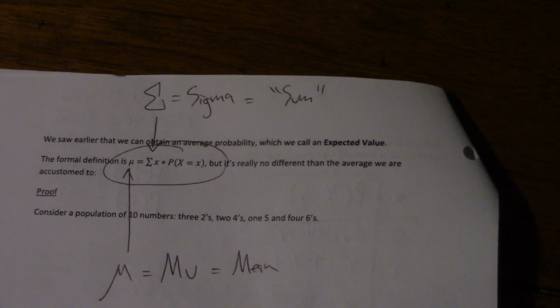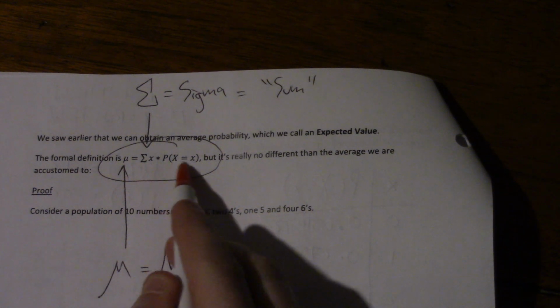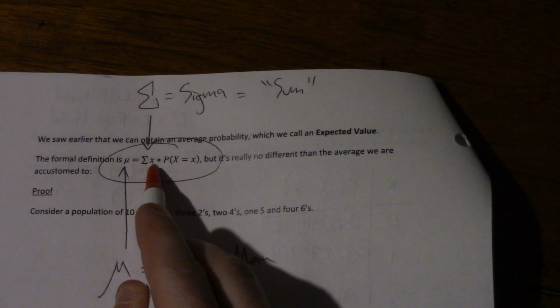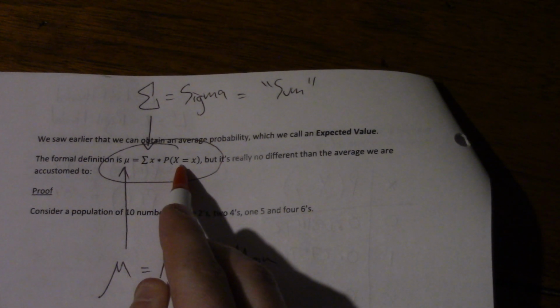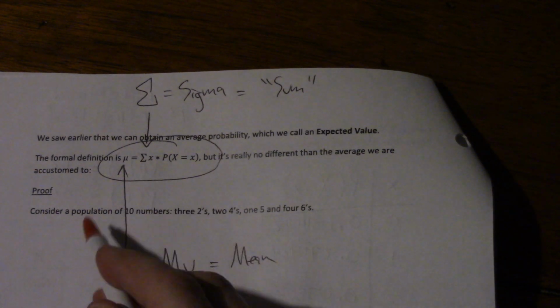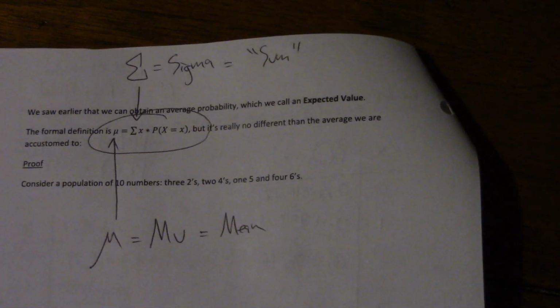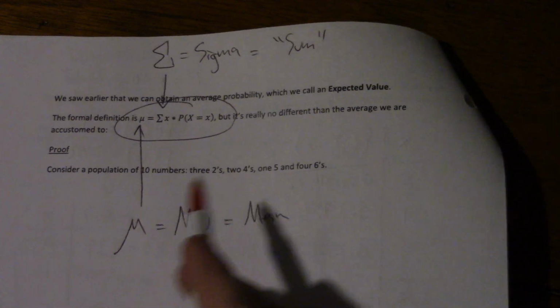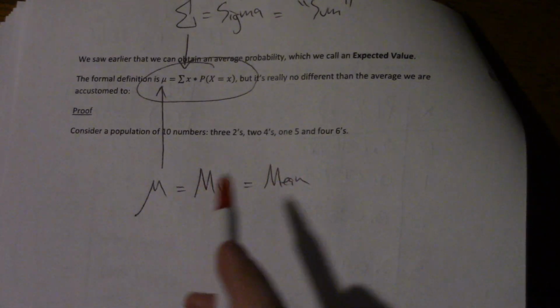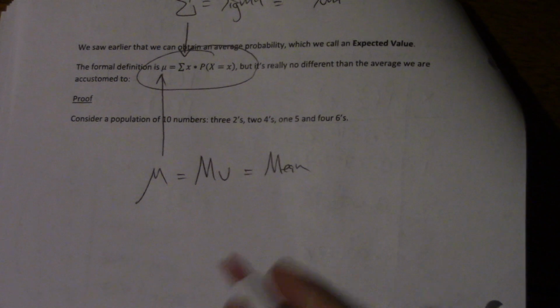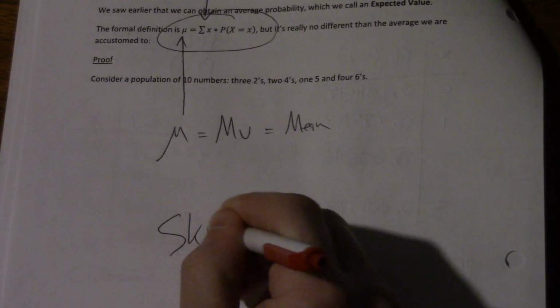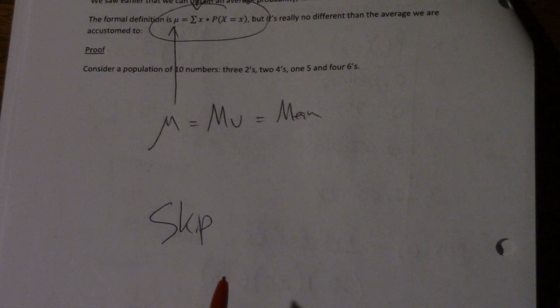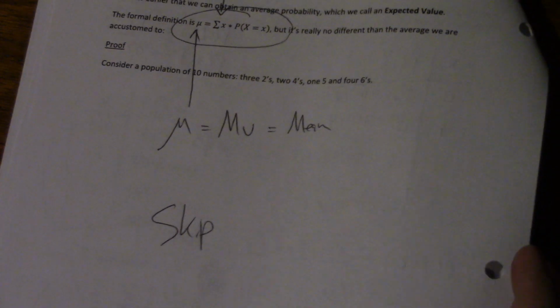So it's telling you to add stuff up. So what it's saying here is we're going to take each little x, multiply it by its probability, and then add them all up, and that will find the average. There's a little proof to do that. It's not really a proof, it's just an illustration, but I'm going to skip it. It's not that useful. We'll just do some examples with the mean, and we'll see it that way.